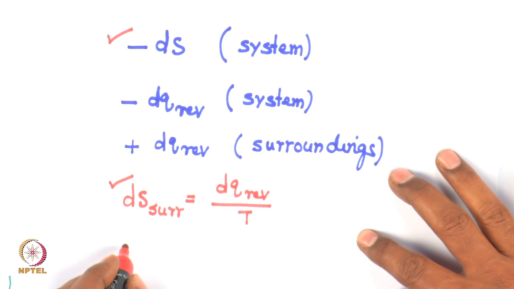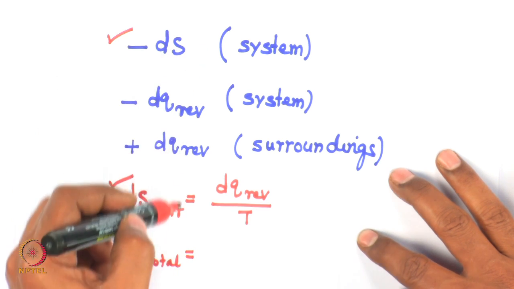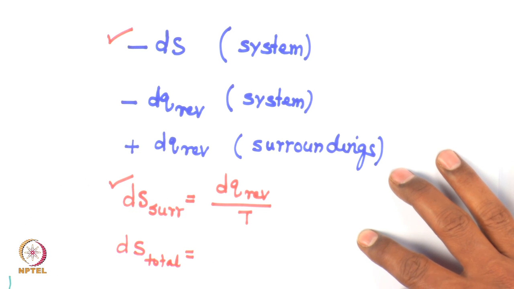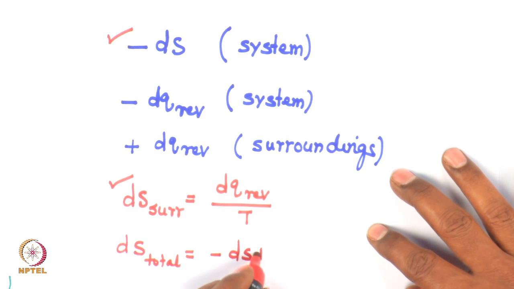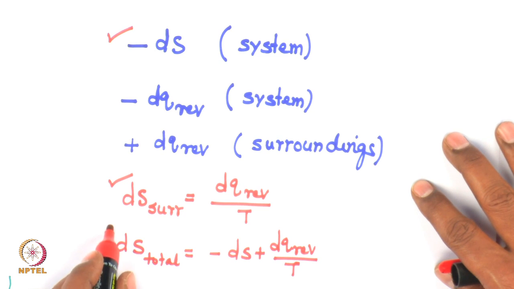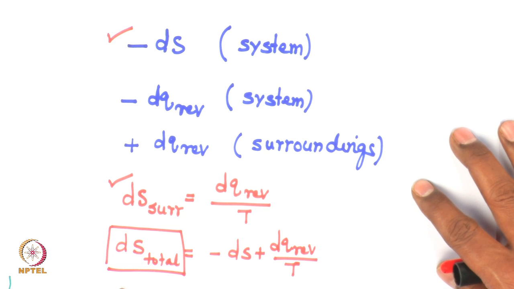The total entropy change, ds total, will be this plus this, which is minus ds plus dq reversible by T. And since the process is reversible, we discussed that the reversible processes do not generate entropy. This has to be equal to 0.